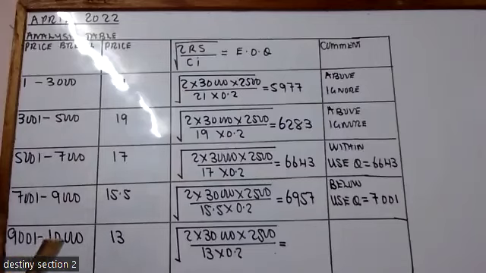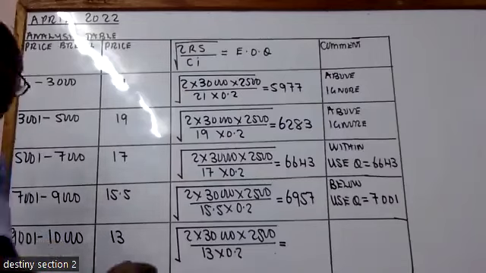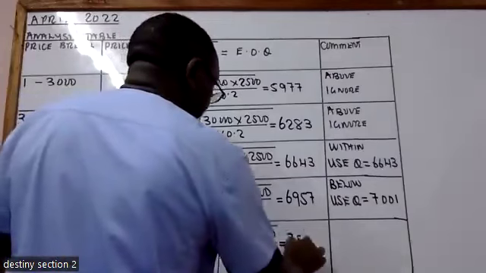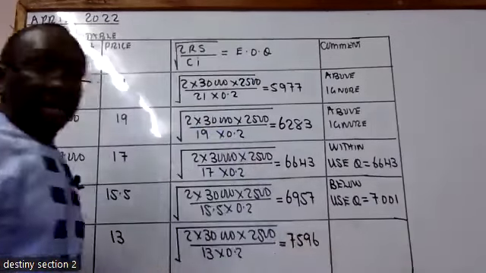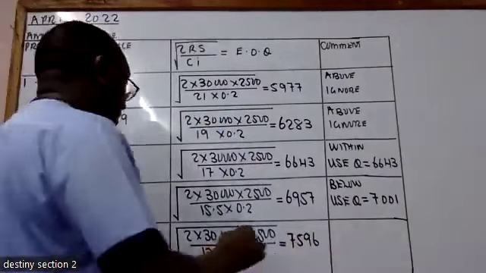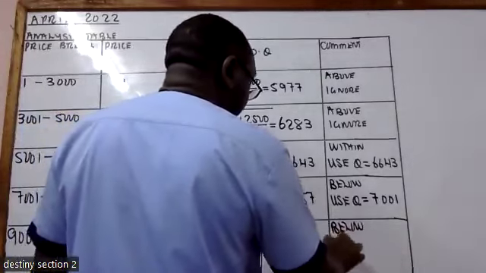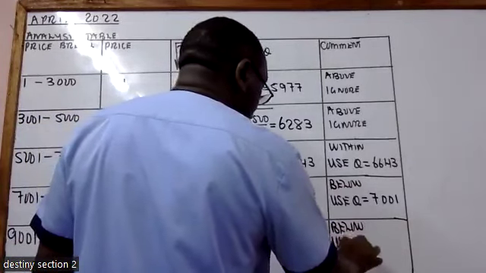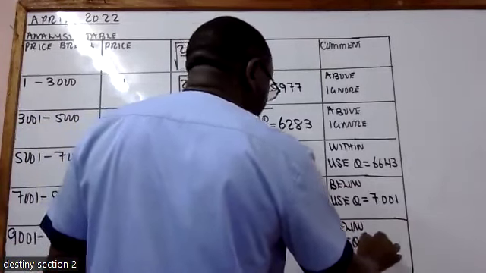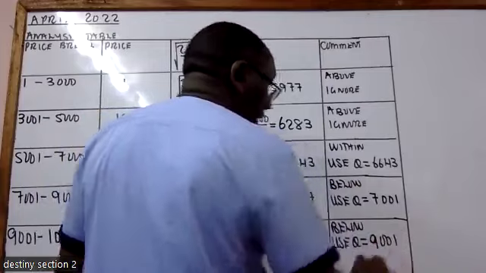75.96. Once again, you can see it is below. So if it is below your range, you use Q as the lower limit: 9,001.